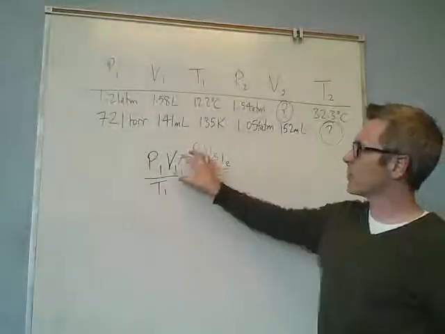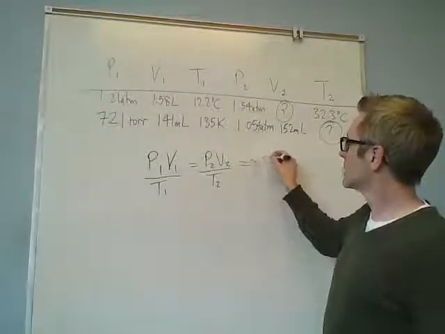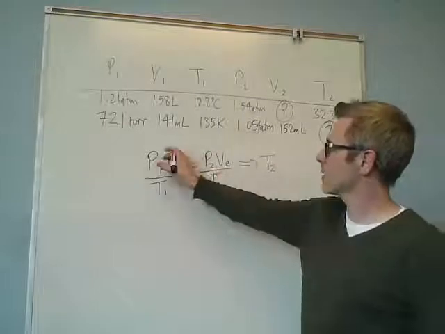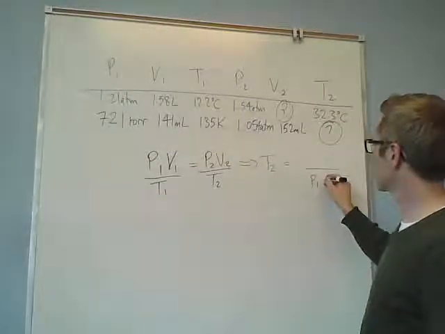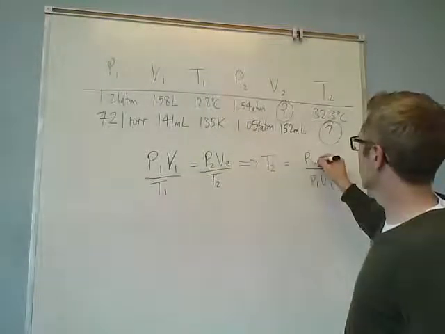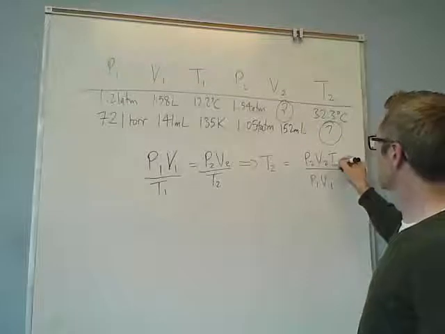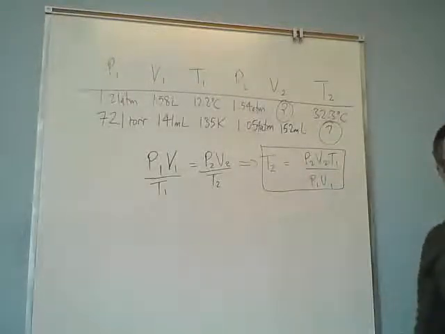So I bring T2 up here and take everything else to the other side. T2 goes up here, P1, V1 come down over here, T1 goes up here and joins P2, V2. So I've isolated the variable I want.